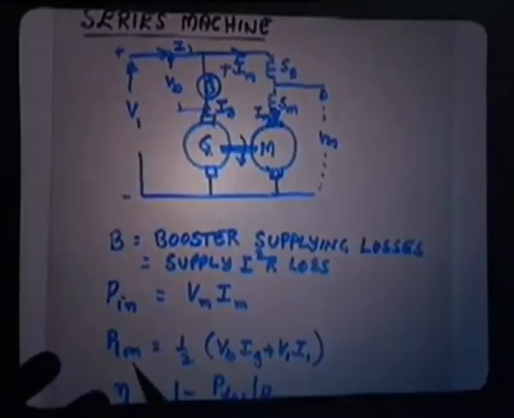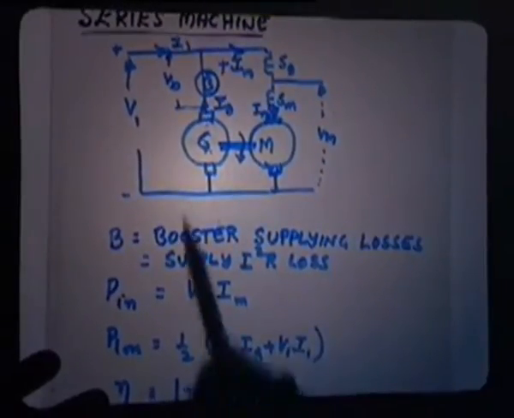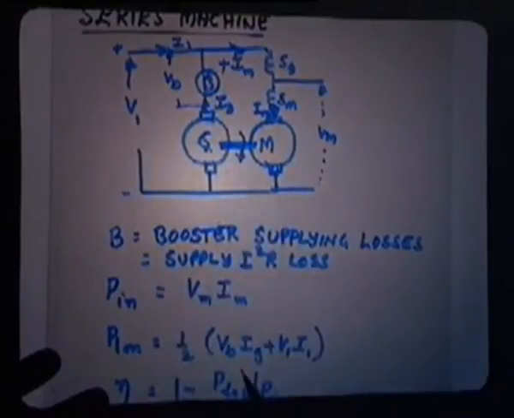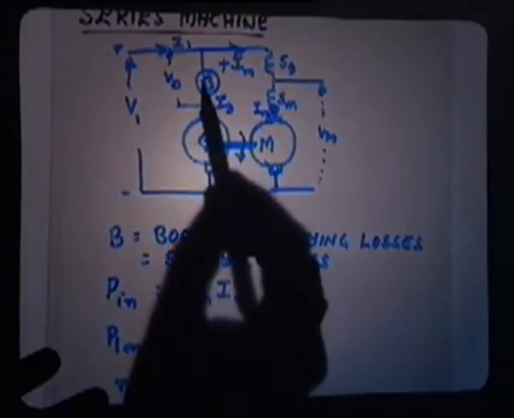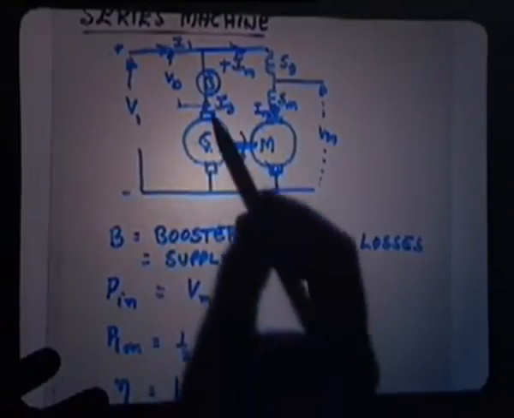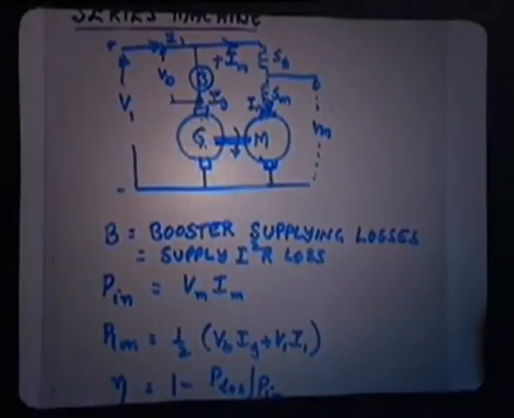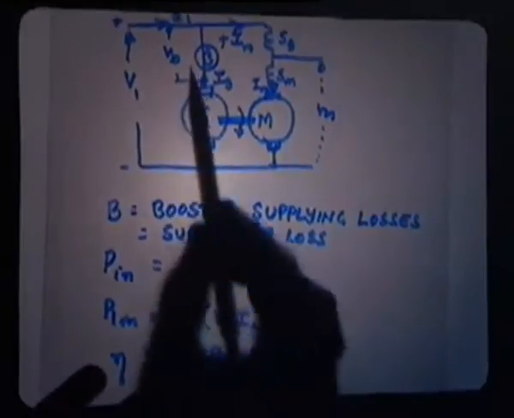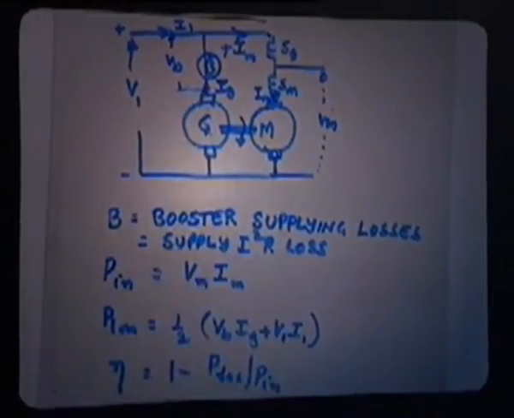That will be the power input to the motor. And the power loss in the machine will be half of the power given by this plus the power given by this. That means Vb into Ig plus V1 into I1. This will give you the required core loss, friction loss, etc. and the mechanical and I square R losses.